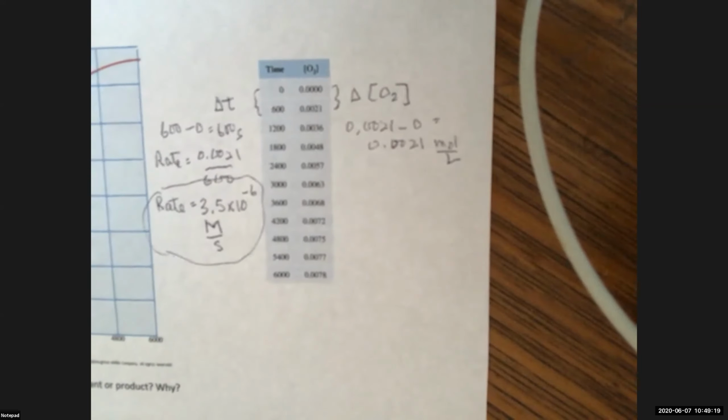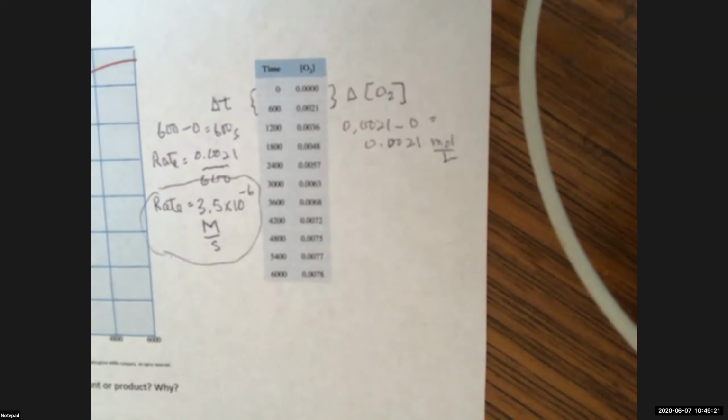I'll let you do part 2, which is calculate the average rate between 3,600 and 4,200. Should be seconds, not minutes. Yeah, it's seconds, sorry. Then we'll see if the rate increases or decreases.